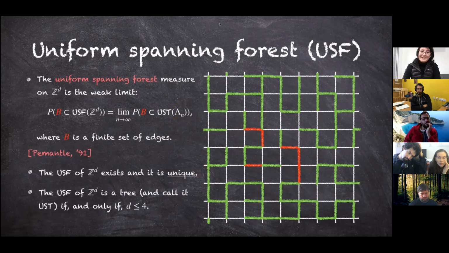But it is more important that this uniqueness is in the sense of how you're taking your boundary conditions, as we are taking the limits of these probabilities. So it doesn't matter if we take free boundary conditions, as in my pictures, or wired boundary conditions or something in between, we always get the same limit. So at least for this graph, Z^d, we have one uniform spanning forest.